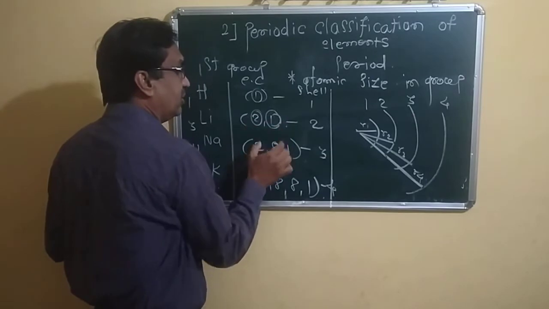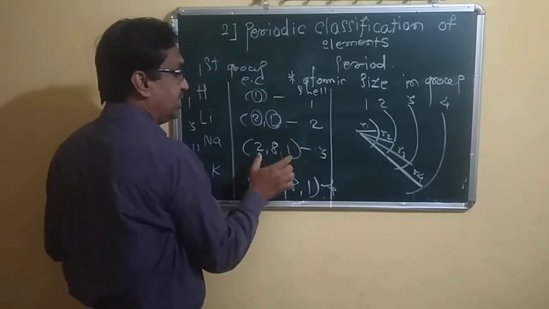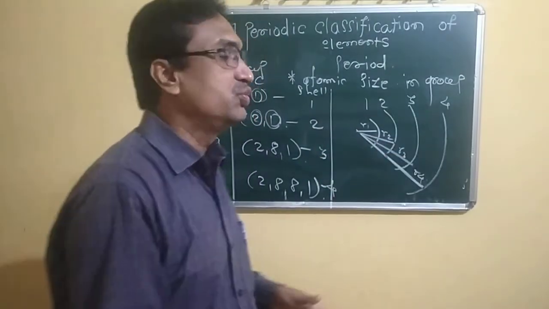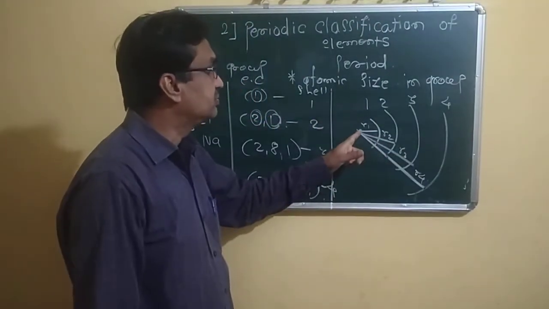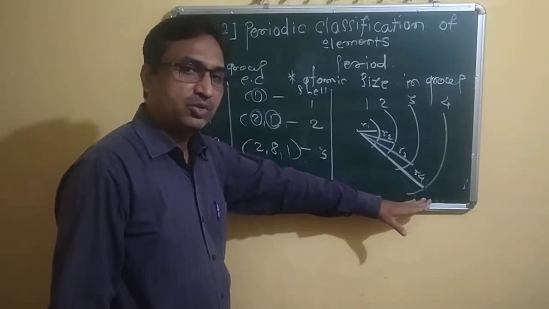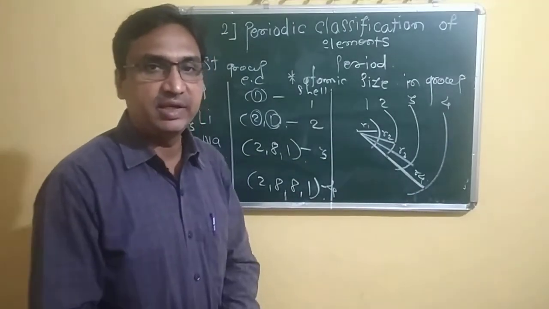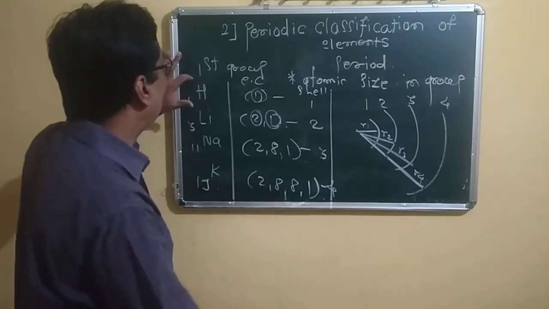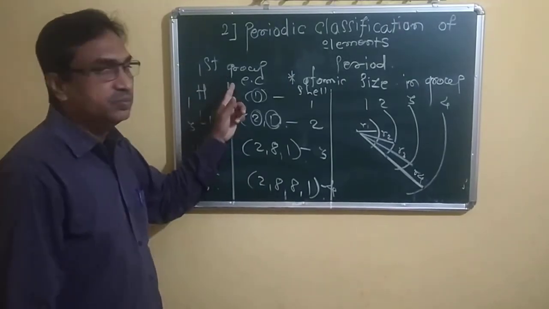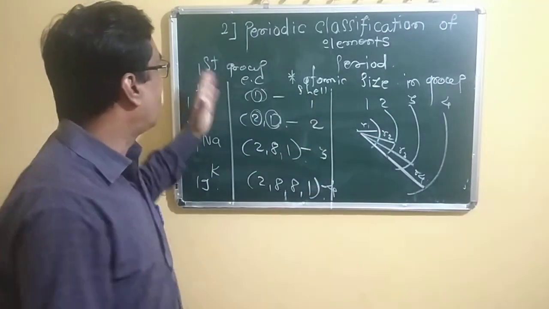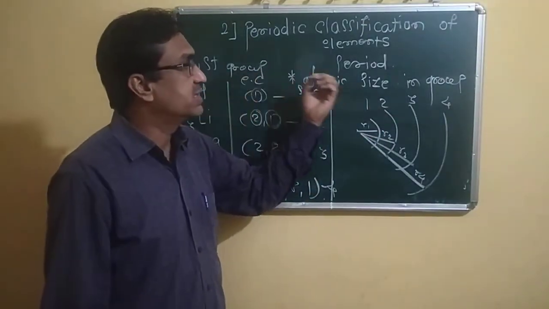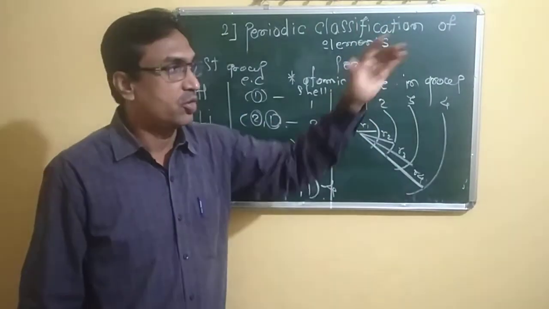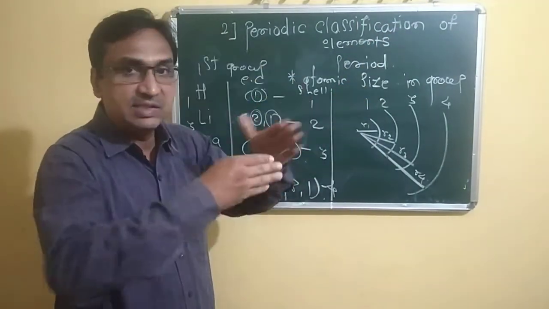By increasing the number of shells, the distance between the nucleus and the outermost electron gradually increases, and that's why atomic size increases from top to bottom in a group. We can see this in every group, not just the first group.